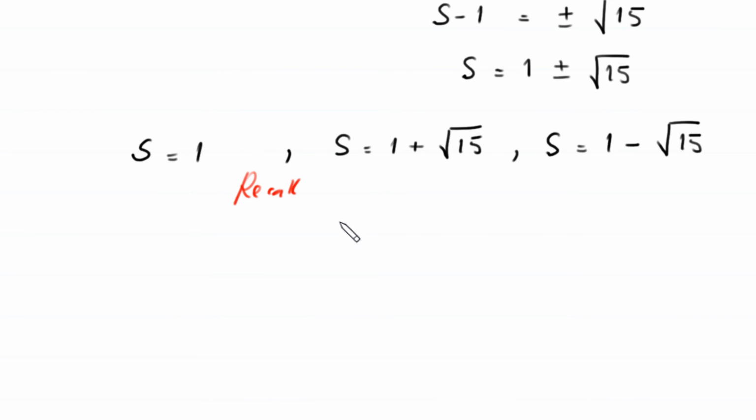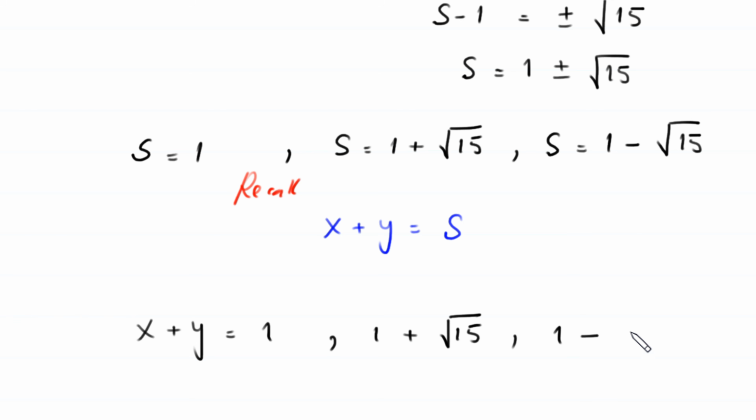So we get three values of x plus y. The first one is 1, and the second one is 1 plus root 15, and the third is 1 minus root 15. This is the final answer of this problem.